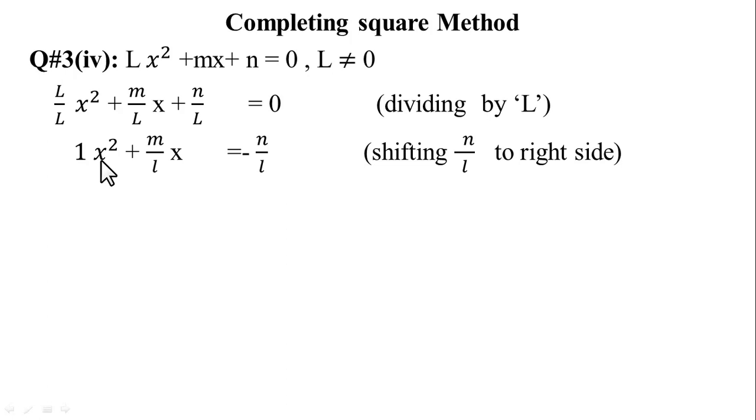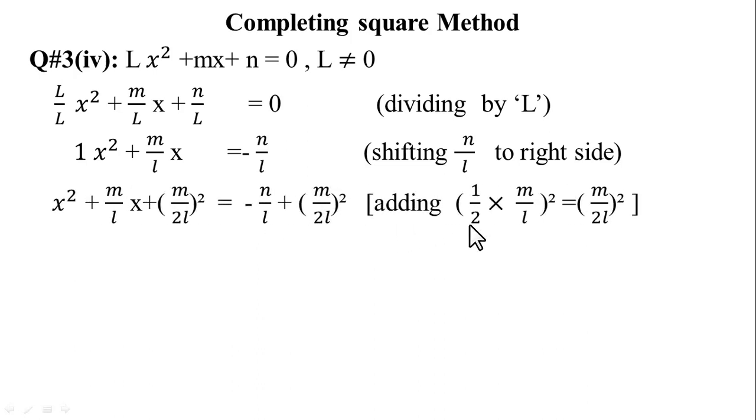Then x square plus m over Lx is equal to minus n over L. Now we add on both sides 1 upon 2 multiplied by the coefficient of x, m over L, whole square.